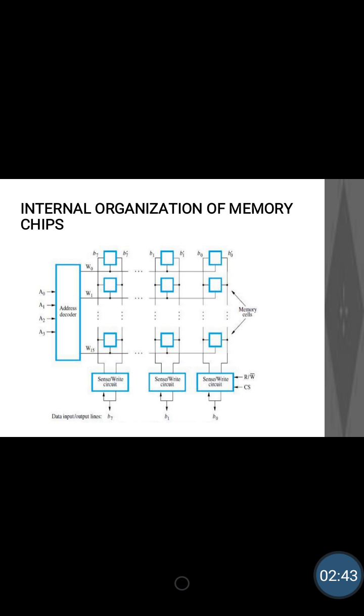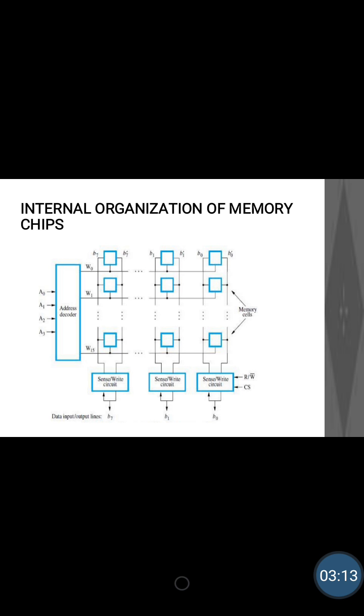B0, B1, B2 are bidirectional, meaning data can be carried from the bus towards the sense or write circuit, or from the cells above, the data can be transferred to the bus through the sense or write circuit. This is why they are bidirectional. We can input data into the memory and output data from memory, that is, we can read or write the data.